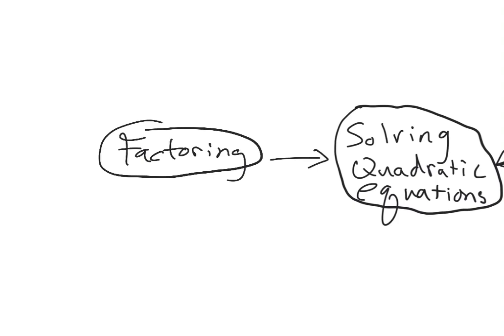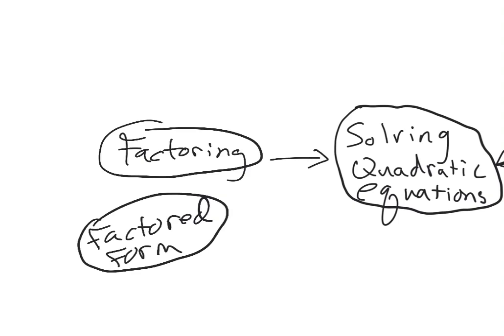Now, the big thing about factoring and solving quadratic equations is if we have something in factored form, it's actually really easy to solve using the zero property of equality. So we're going to try to factor things to get factored form so we can use this zero property of equality.